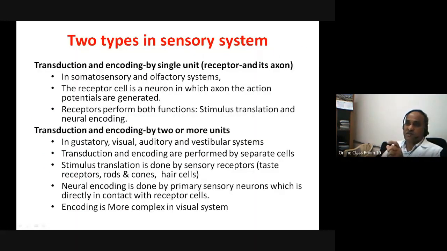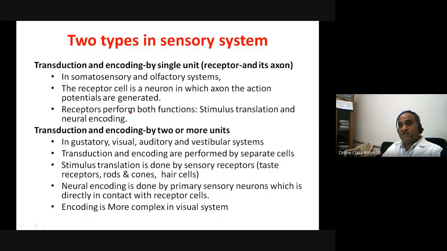There are two types of sensory pathways. In one pathway, transduction and encoding are done by a single unit, that is the receptor and its axon. For example, in the somatosensory or the olfactory systems, the receptor cell is a neuron, and along with its axon, the action potentials are generated and reach the brain areas, which brings about the response or detects the smell or the touch or whatever.